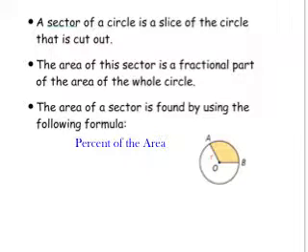Let's think about how we found the percent. If it's the entire circle, it's all 360 degrees. So that would be 360 degrees out of 360 degrees. Here I have a specific angle of that 360 degrees. So to find the percent, I took my angle over 360 because that told me the percent.